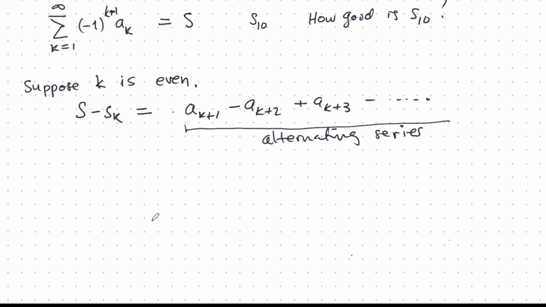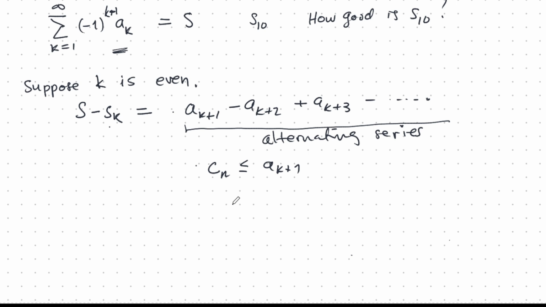And furthermore, we know that the partial sums of this are bounded. I don't want to call them S because S are the partial sums of the original series, so I'm going to call them C. So the C_n are all bounded by the first term, a_{k+1}. And this is something we proved before.